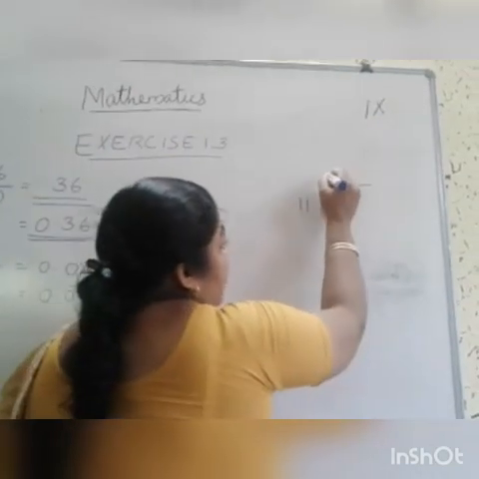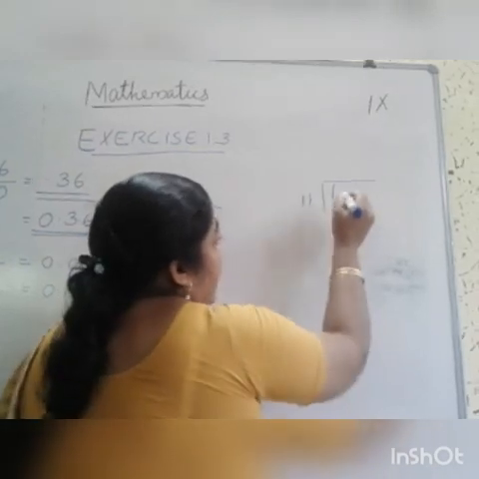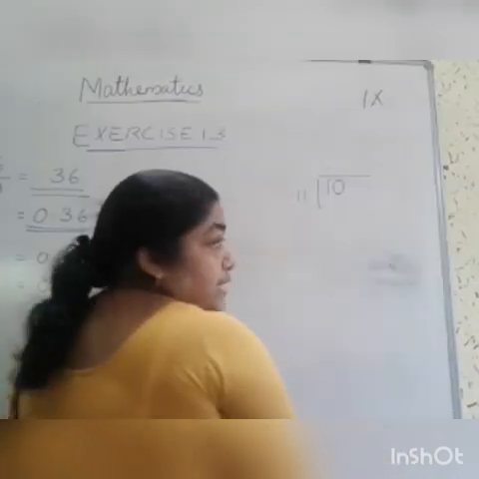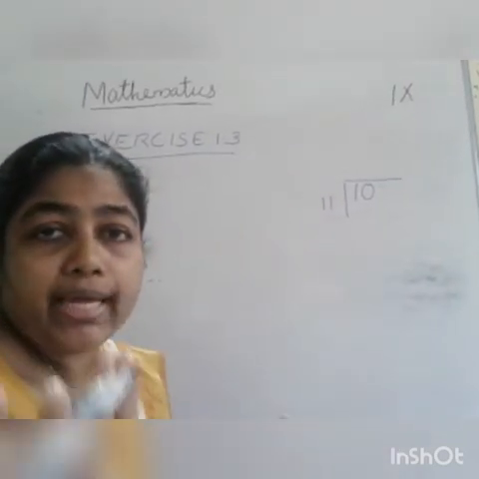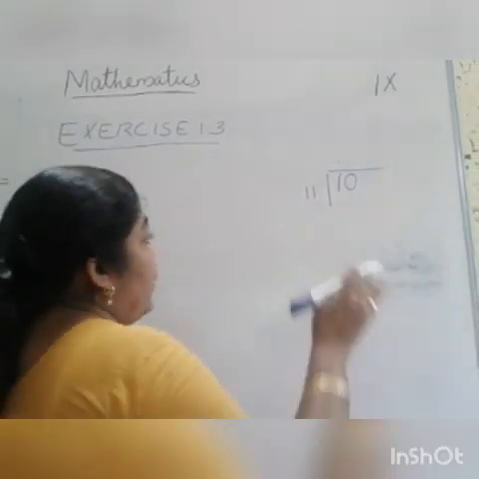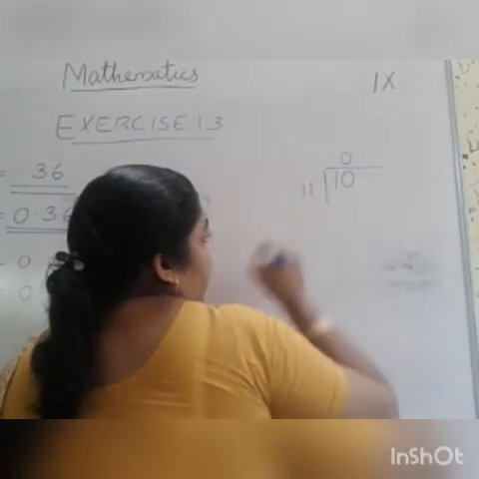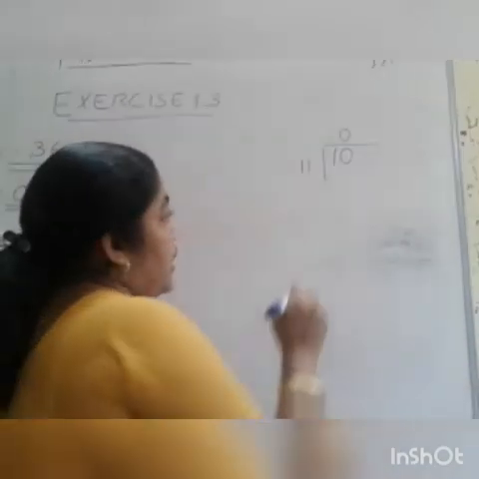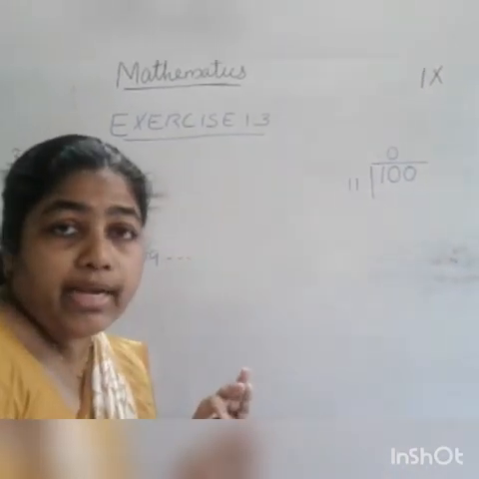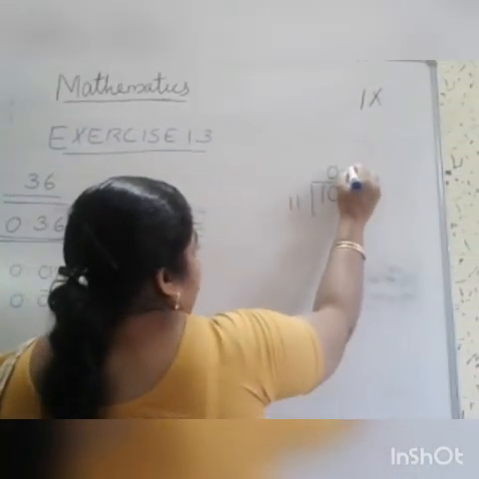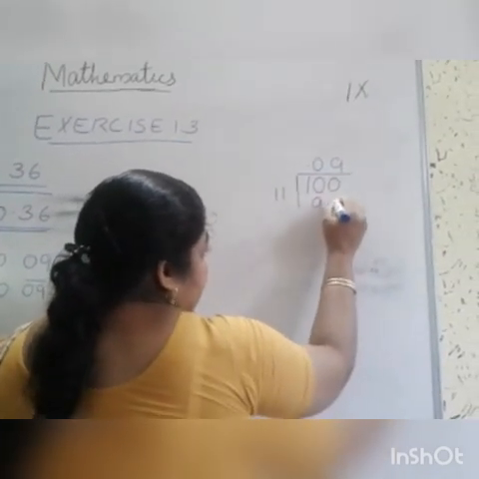So we can put the decimal here and give 1 0. Then the number is 10. In 10, how many 11s are there? 0. So in the quotient we put 0. Then one more 0 we are giving here. In 100, how many 11s are there? 9. 9 11s are 99.